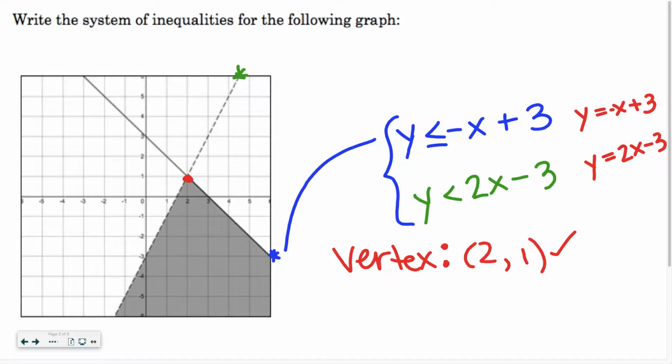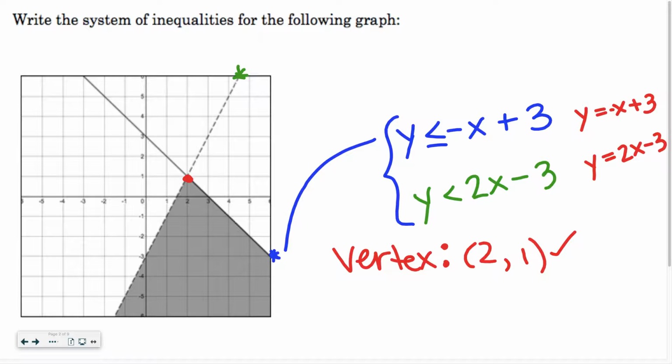If we guessed a coordinate and it didn't work, what are you going to have to do? Substitution or elimination and do the algebra to find it. Okay? It's fine for you to look at the graph to get a coordinate, but if it doesn't work in your equations, you got to do algebra.